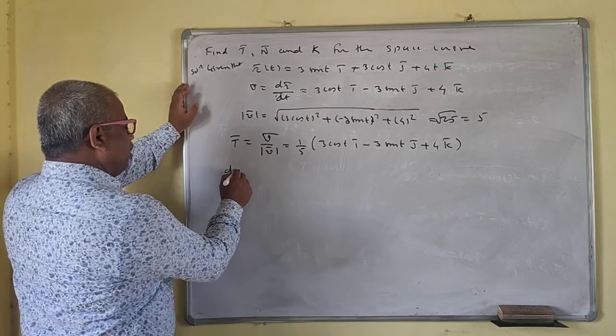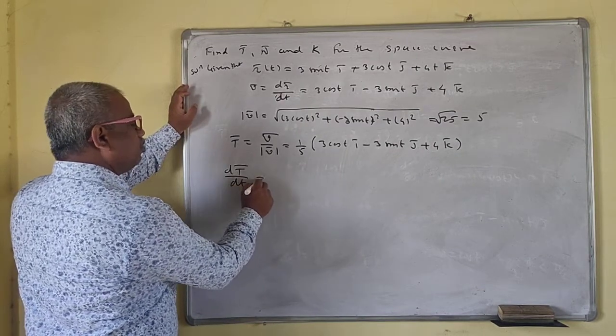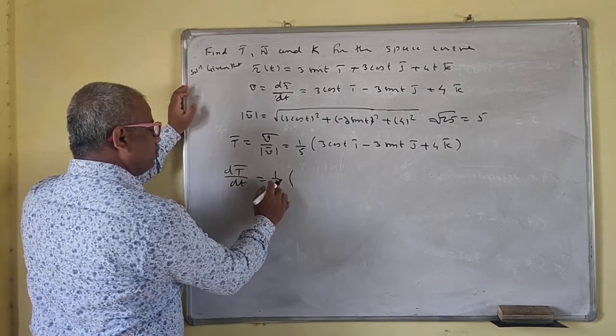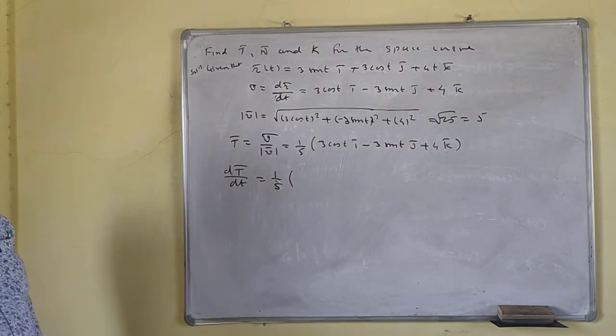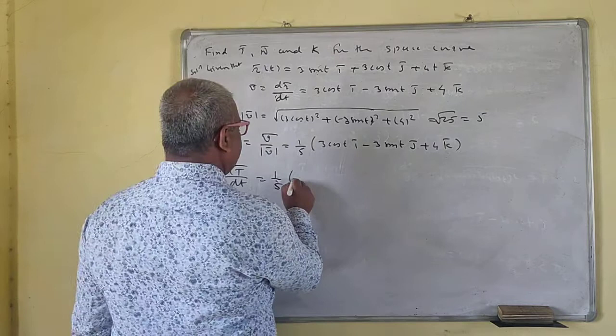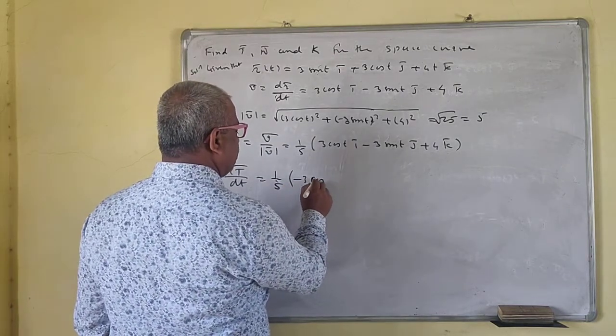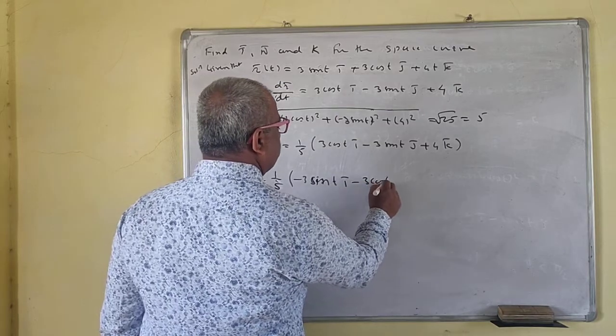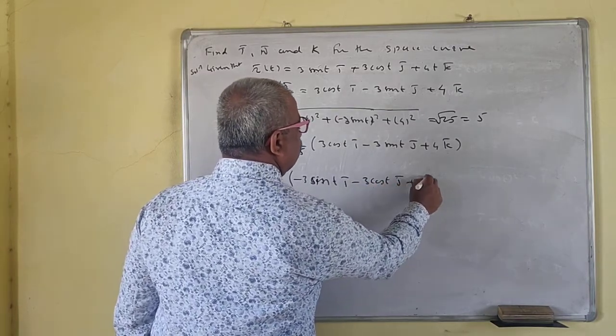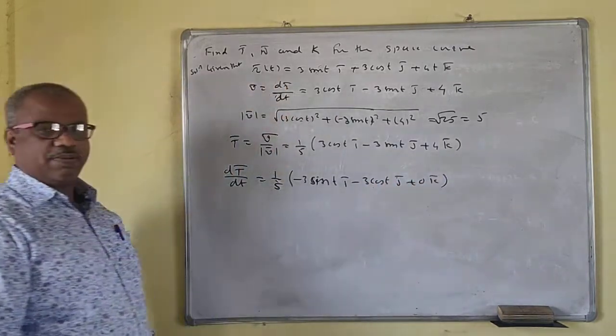So I will write dt bar by dt now. This 1 by 5 will be as it is. So this is minus 3 sin t i bar minus 3 cos t j bar plus 0 k bar. No problem for 0 k bar.